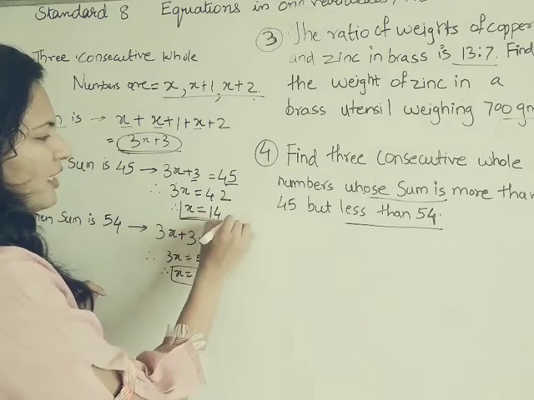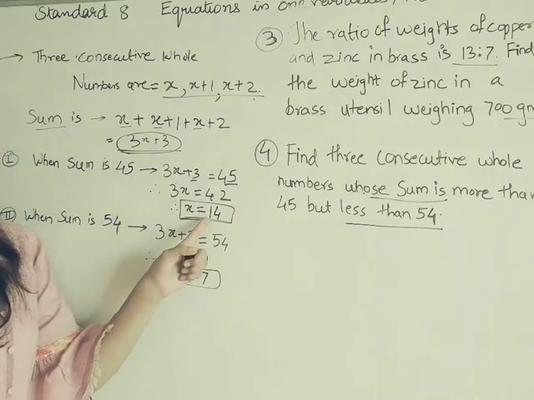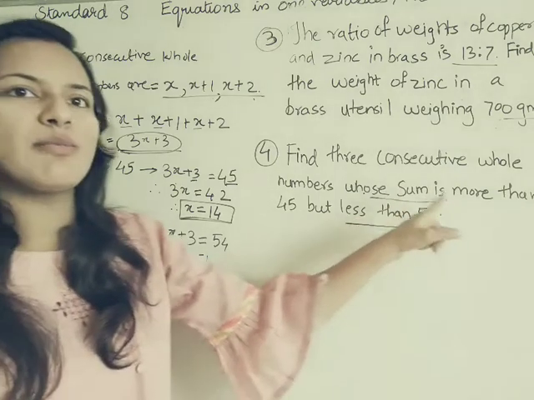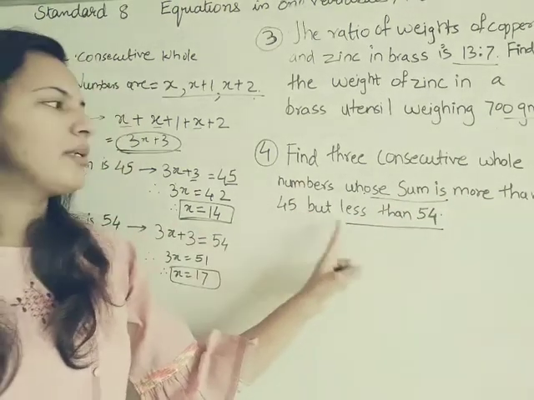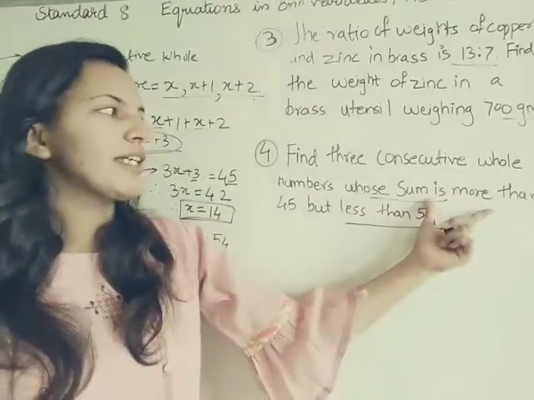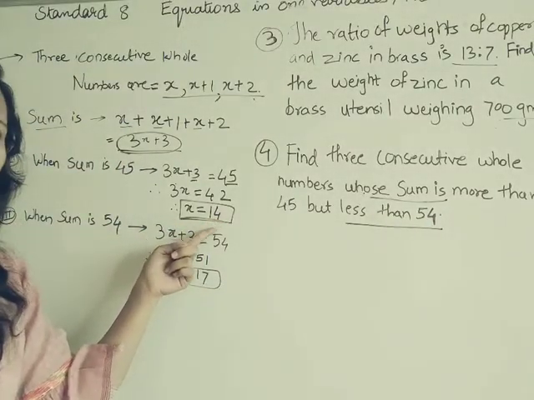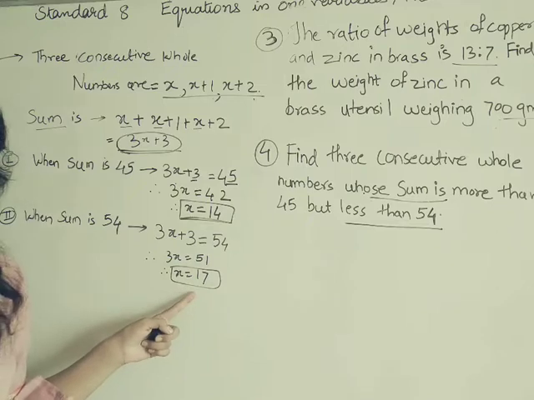So from two cases, we got the value of x is equal to 14 and x is equal to 17. So what is given? The sum is more than 45 but less than 54. From this statement, we can say that x is more than 14 but less than 17.